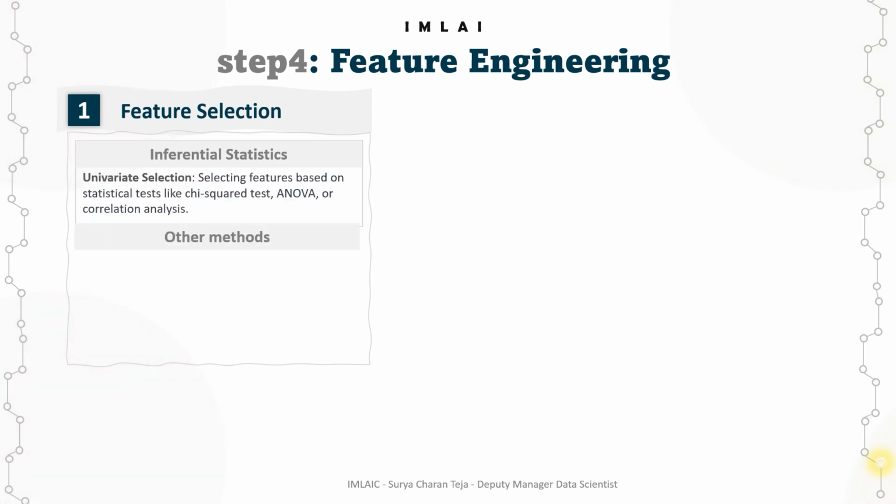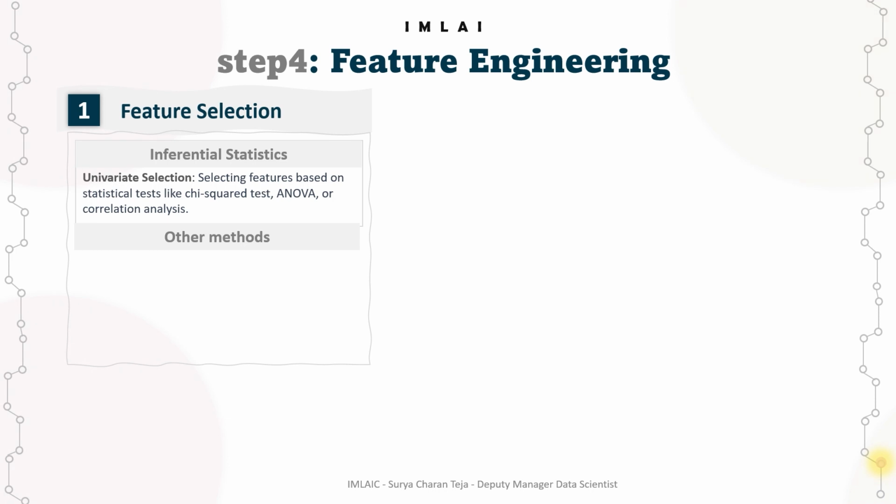This is also called univariate selection: selecting features based on statistical tests like the chi-square test, ANOVA, that is analysis of variance, or correlation analysis. Chi-square test is for categorical variables, and ANOVA is used when you have a continuous dependent variable and a categorical independent variable. In addition, we have other tests like t-test, f-test, and g-test.